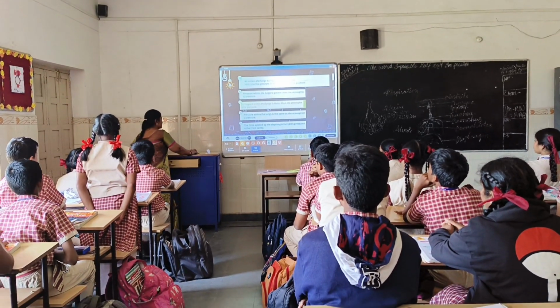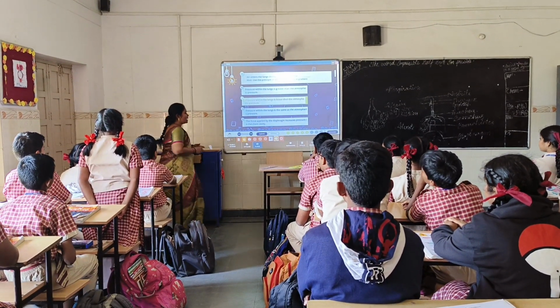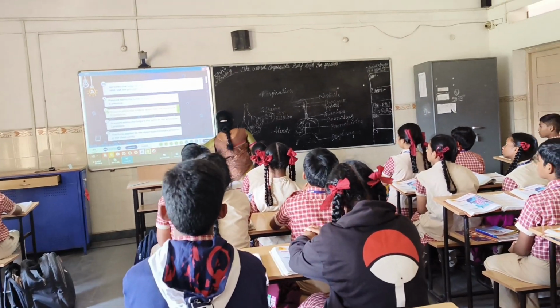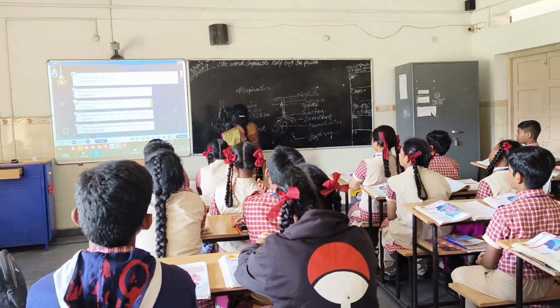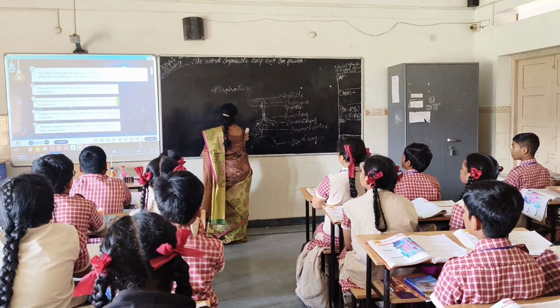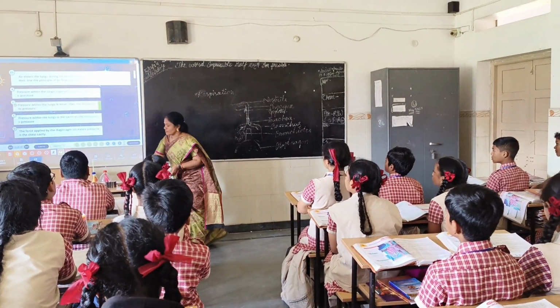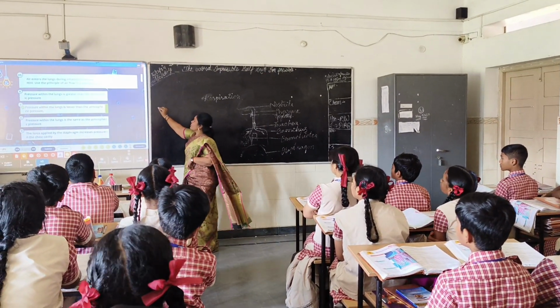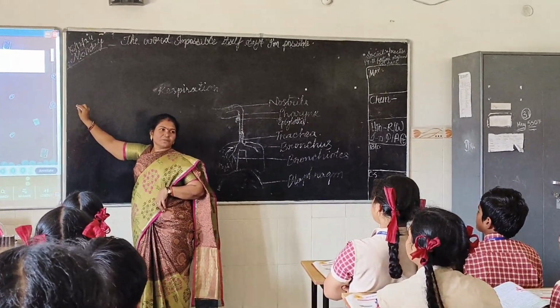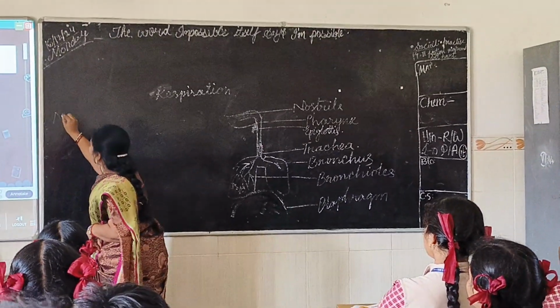Okay. Now children, we will just have a recap of the lesson we have learned today. We'll go with the Venn diagram. So first your respiratory system starts with your nose or your nasal cavity.